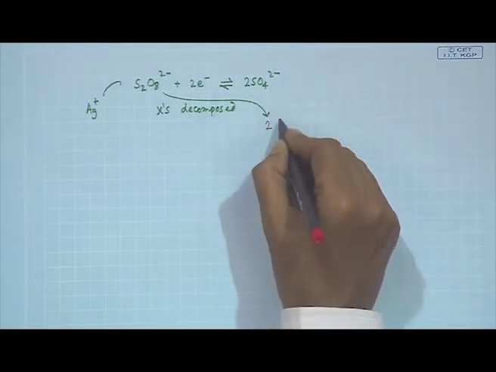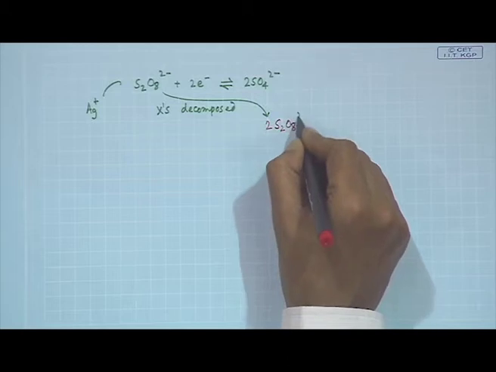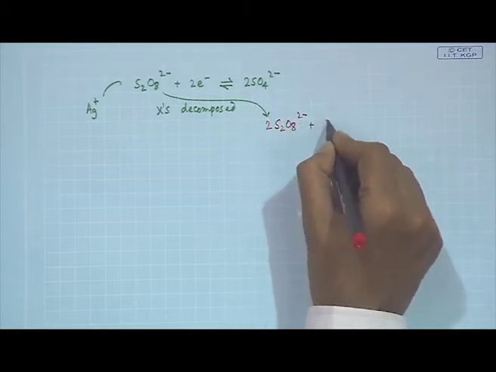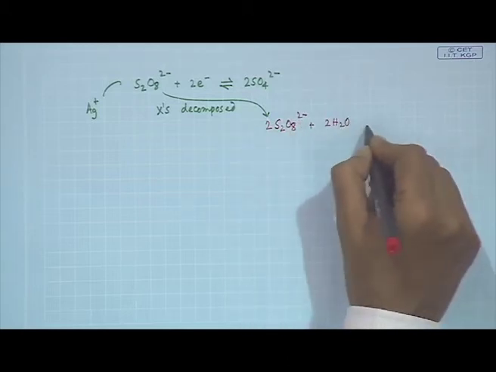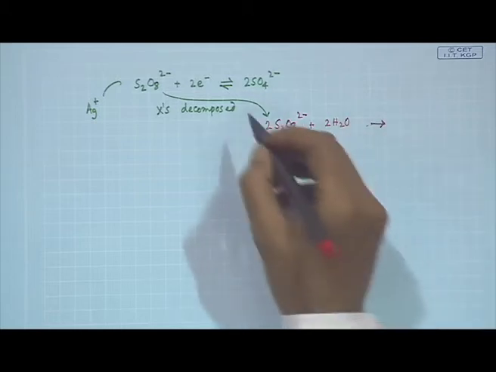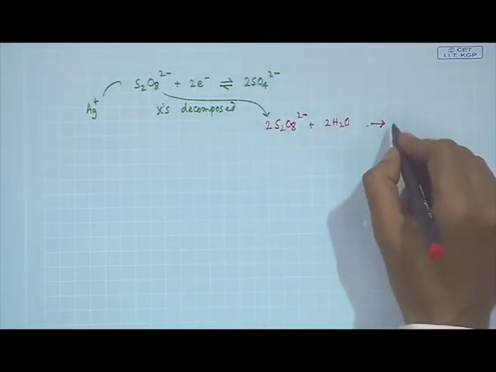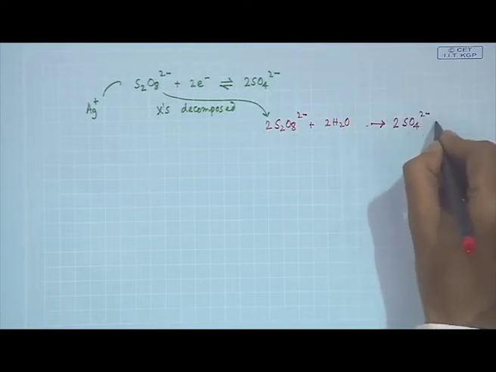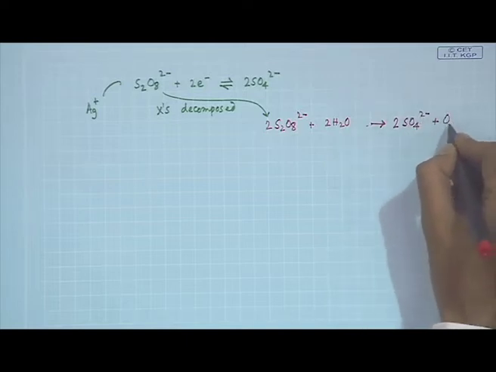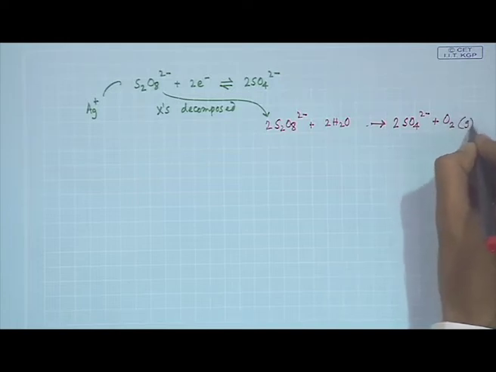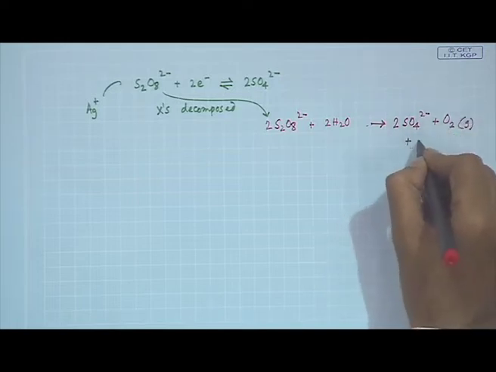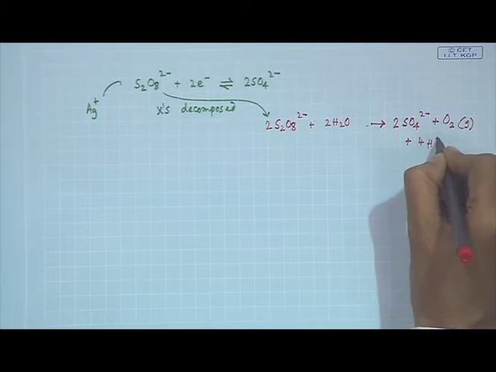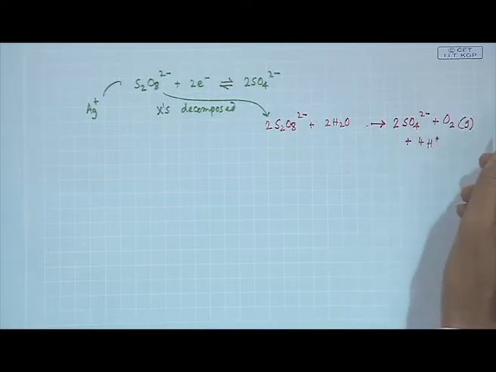Twice S2O8 2 minus in the presence of water can be decomposed back to sulfate and oxygen: twice SO4 2 minus plus O2, which is liberated as gas, plus 4H+. So, these are the corresponding manipulations of using all these things.